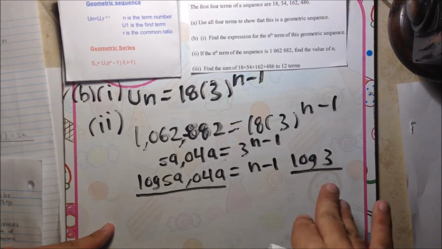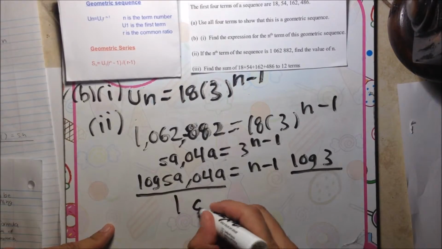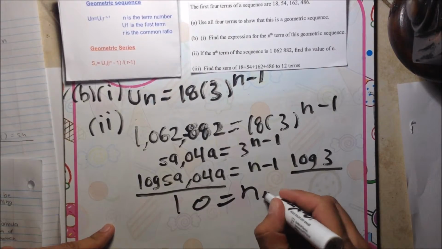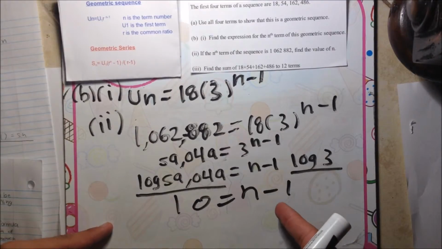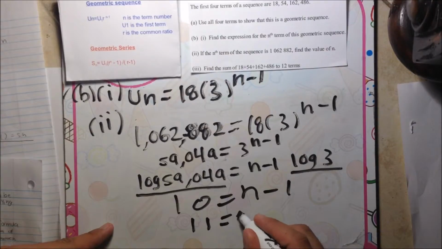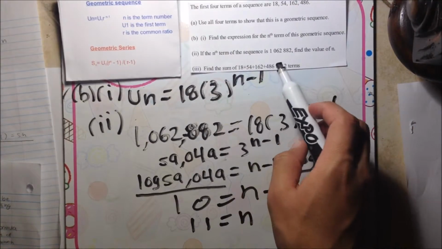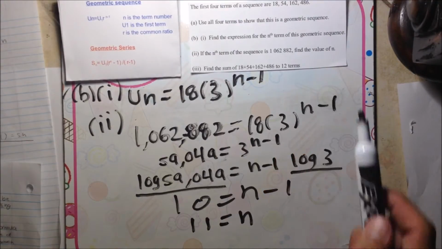So we divide this log by this log in order to get 10 equals n minus 1, and now we can simply add 1 to this side in order to solve for n. So 11 equals n. So there you go. The value of n for the nth term of the sequence for this number is 11.